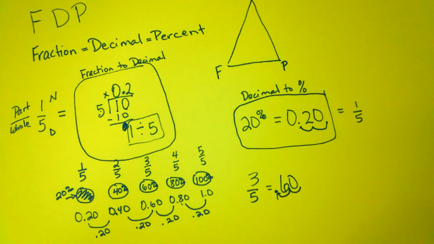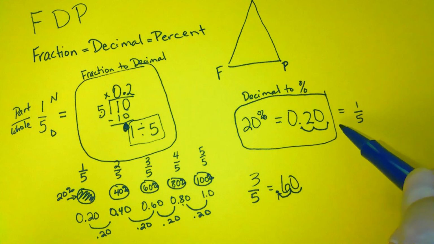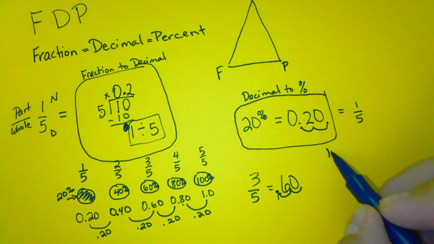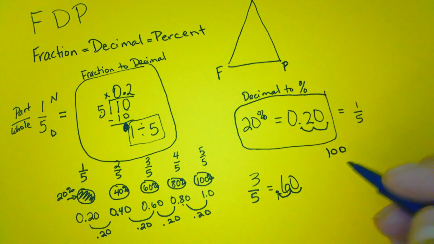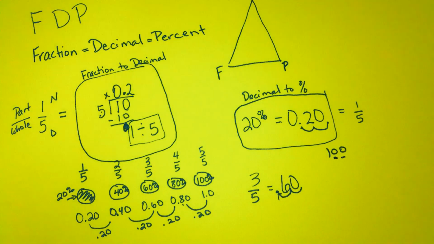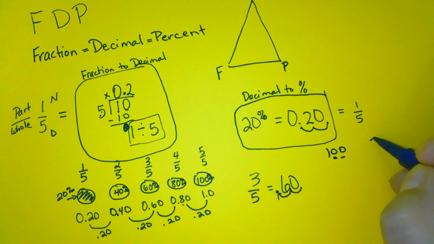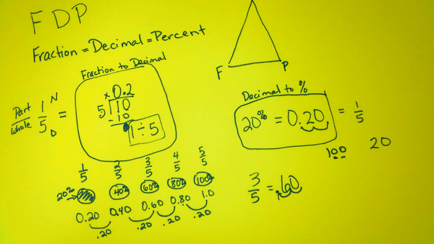So how do you know when to do that? Well, if you are looking for a percent, you have 100, right? And that 100 has 2 zeros, underlined, both of the zeros. So I'm going to make sure that when I look at my 20, that's a whole number.